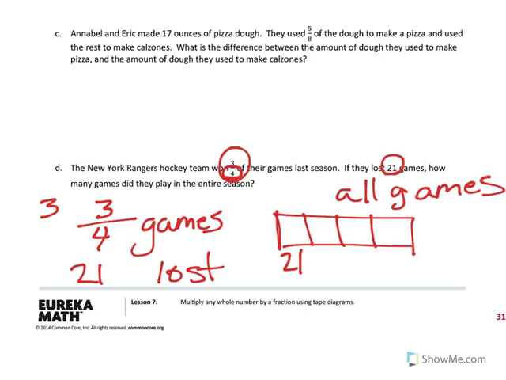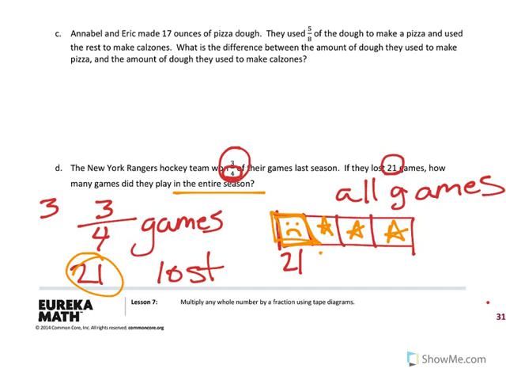But they won 3 out of 4 games. So that would mean that these ones they won, 3 of them, and 1 of them they lost. A little sad face because they lost it. So that would mean this one game that they lost would only be 1 square because that's the only one that's left. So they want to know how many games they played the entire season.